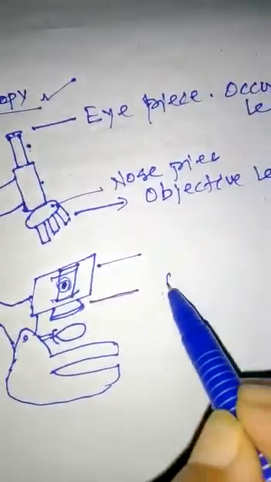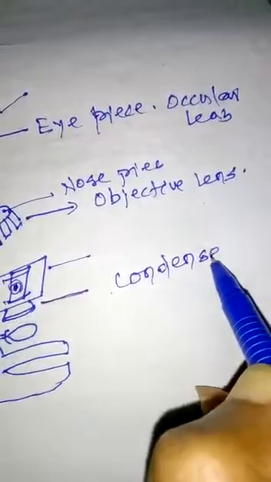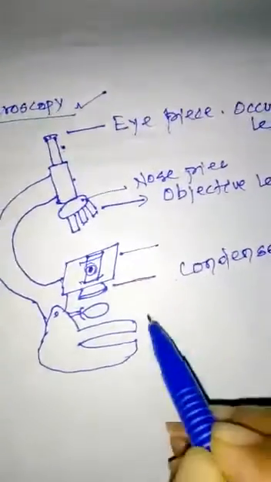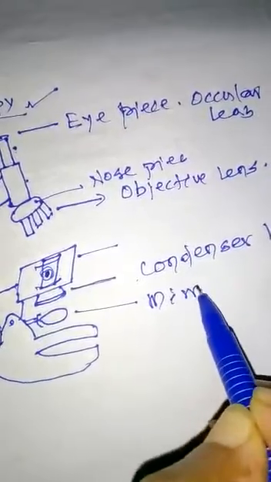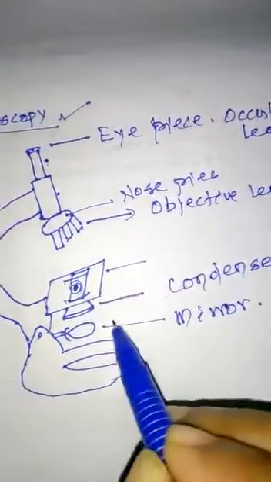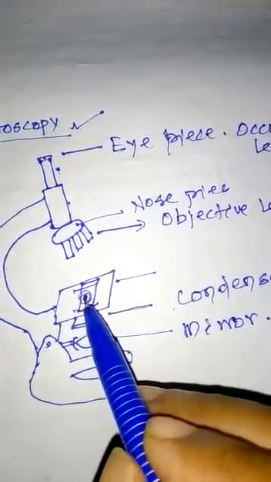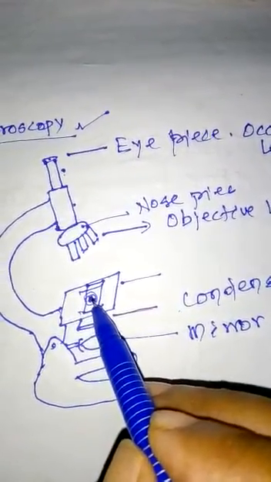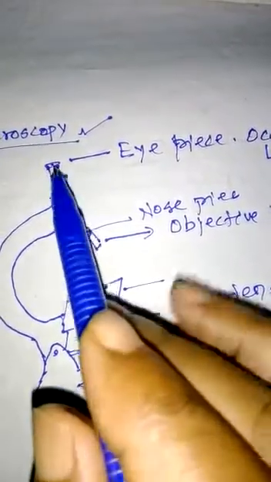This is the condenser lens. This is the mirror which reflects the light beam through the condenser, which passes through the object and enters into the objective.